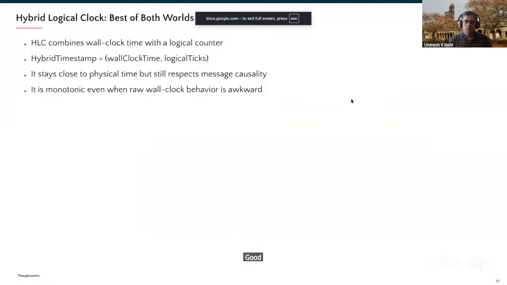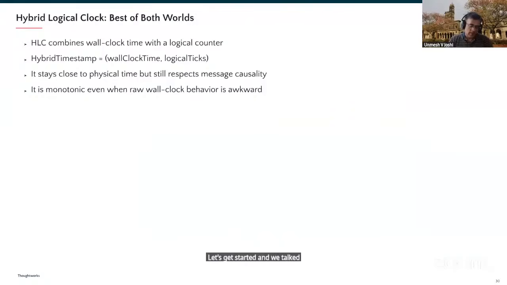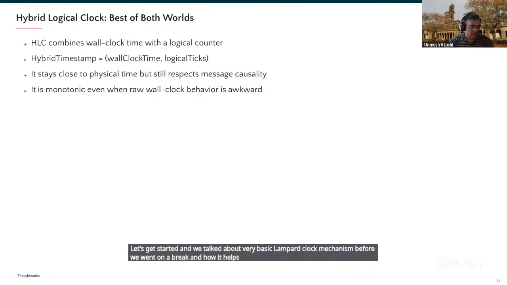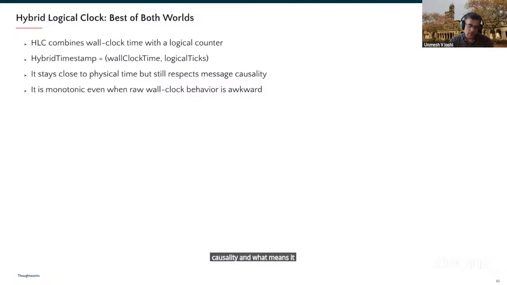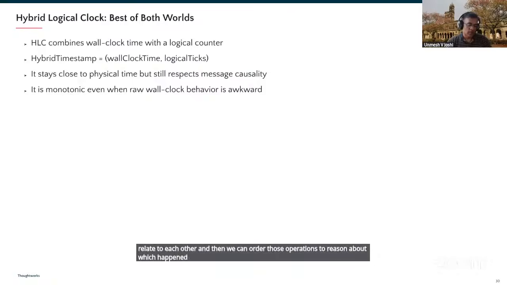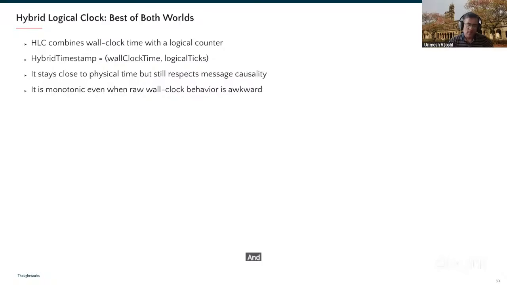Cool, so let's get started. We talked about the very basic Lamport clock mechanism before we went on a break, and how it helps us track causality, meaning operations which relate to each other, and then we can order those operations to reason about which happened before or after the other. Then we ended at talking about hybrid logical clocks.